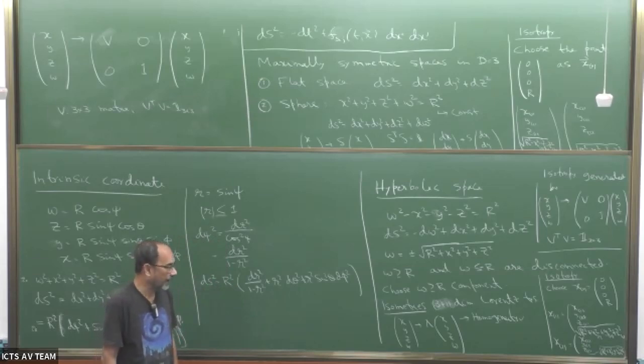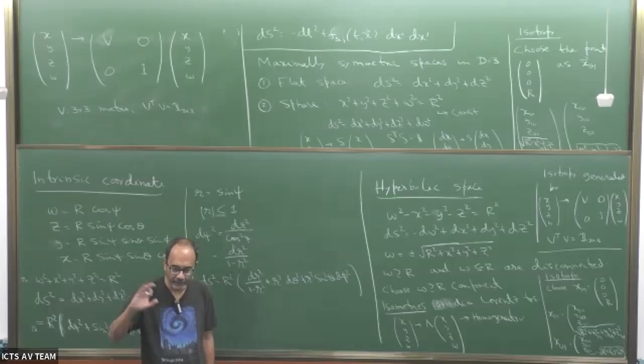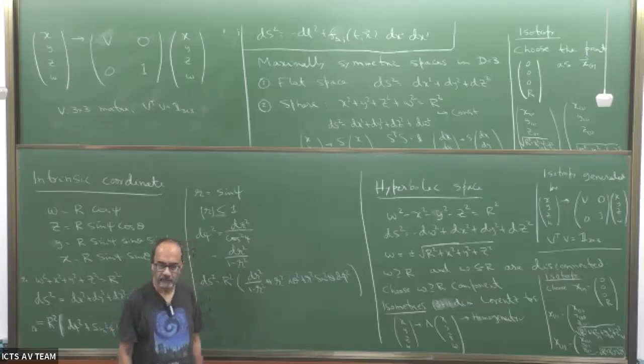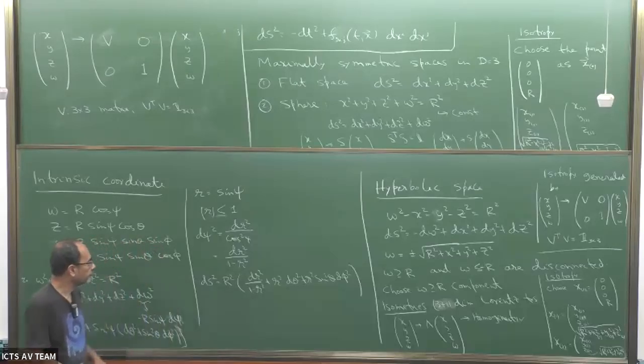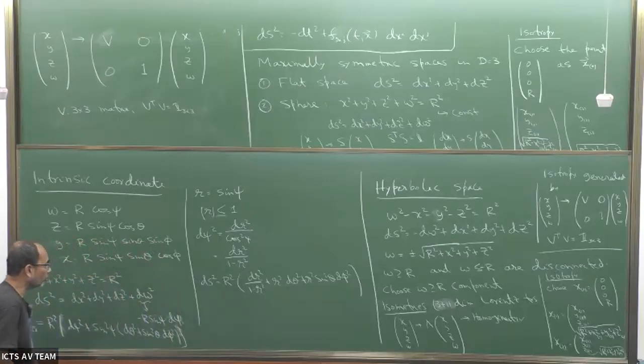I think the analog of the parabolic is a flat space. Flat space lies in between the two. Okay, so all you have to do to find a metric is to change this cos into cos hyperbolic.